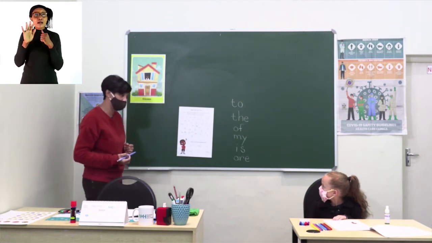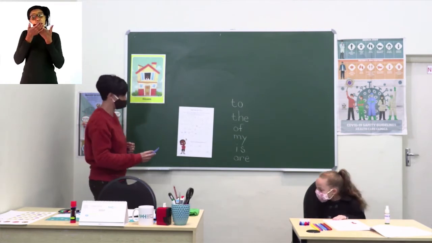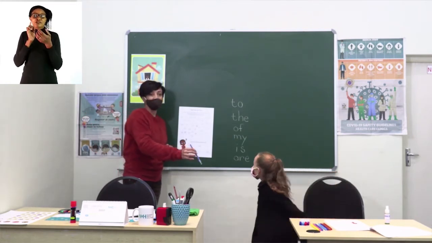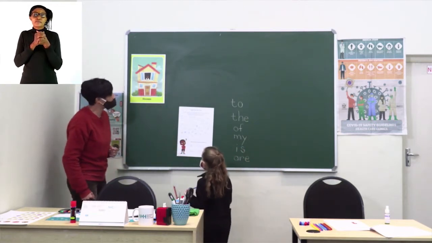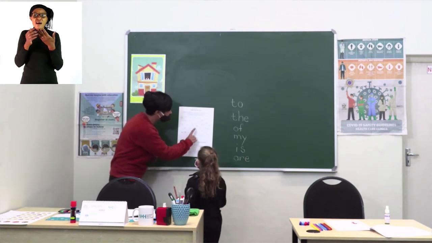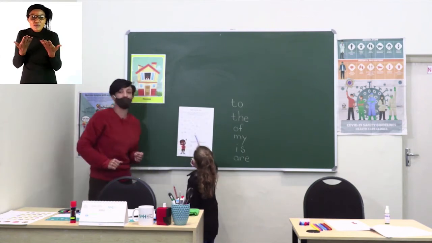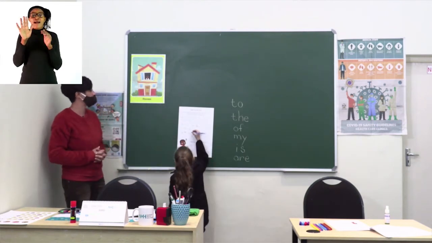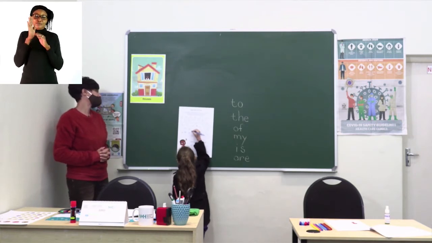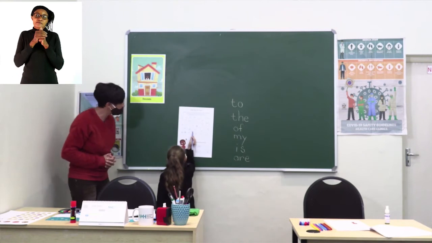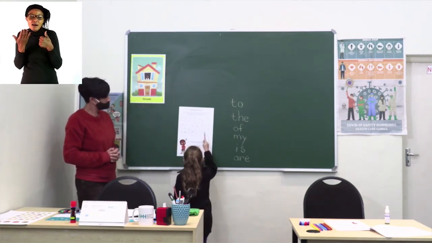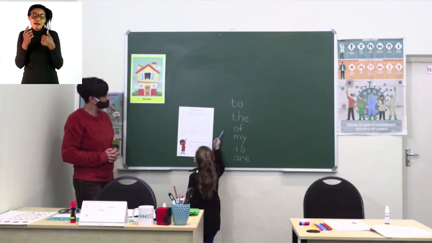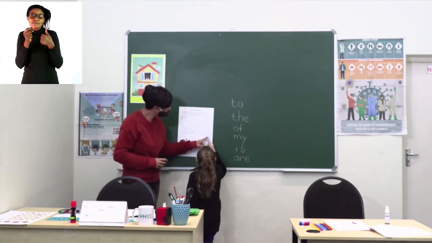Danelle, do you want to come out, teacher? Good, come. Okay, Danelle, where else do you see the word to in this block? Color it in for me, please. Very good. Where else do you see the word to? Where else?